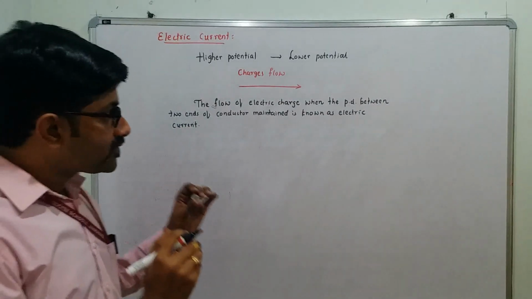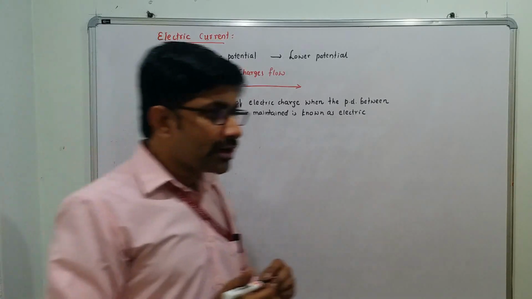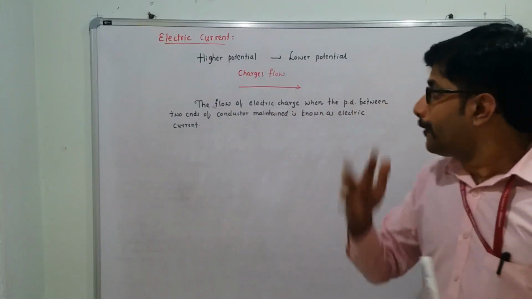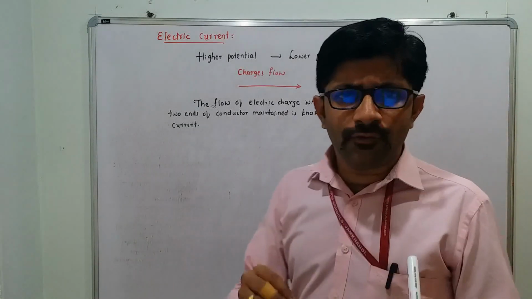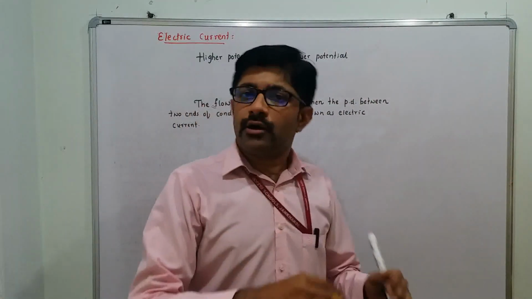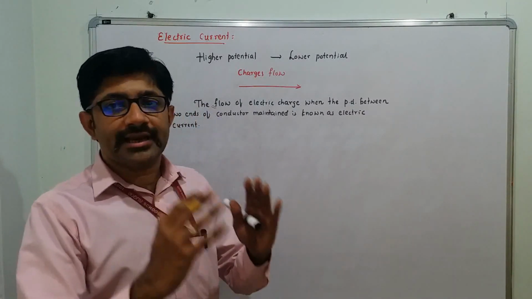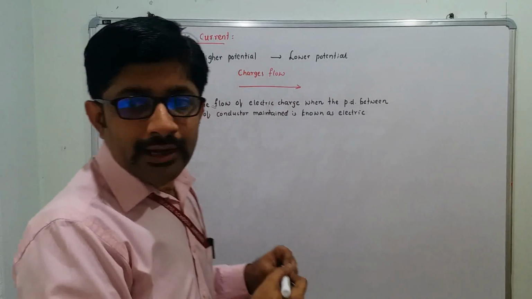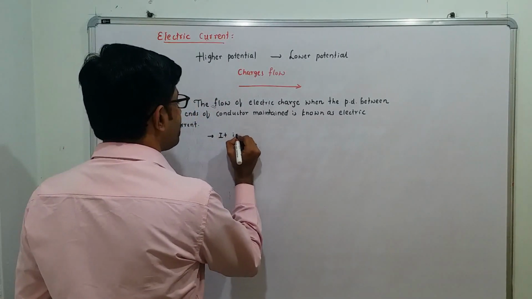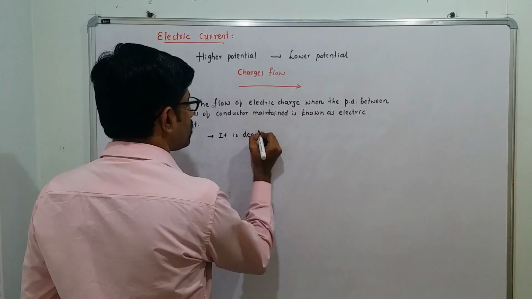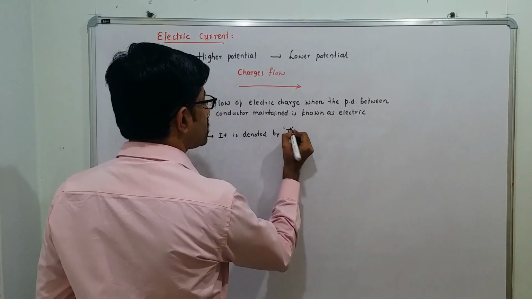So, the flow of charge when the potential difference between the two ends of the conductor is maintained, or in other words, simply the flow of charge or the flow of electrons, is considered as electric current. It is denoted by the symbol I.